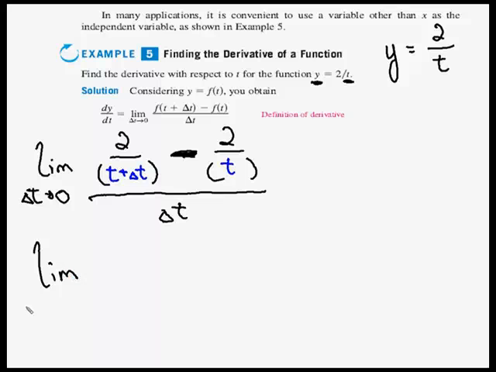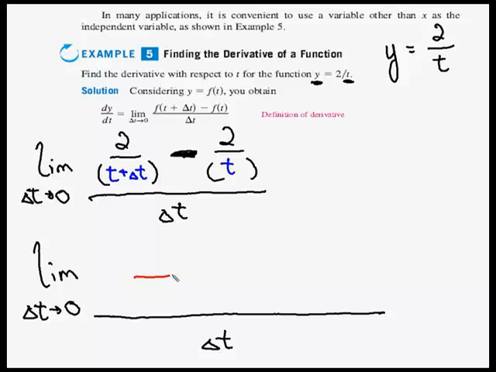Okay, the limit when delta t approaches 0. Here's our big divider line. Down in the denominator is just our delta t. So we have 2 fractions up top, 2 over this denominator minus 2 over a different denominator. Well, that common denominator, if you remember a little pre-calc from last year, is going to be these 2 denominators multiplied together.